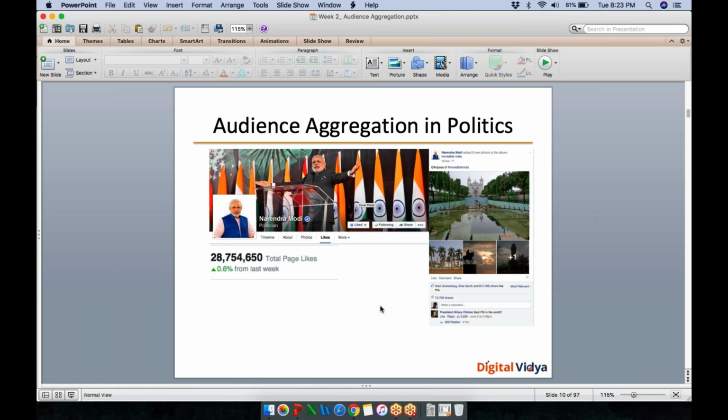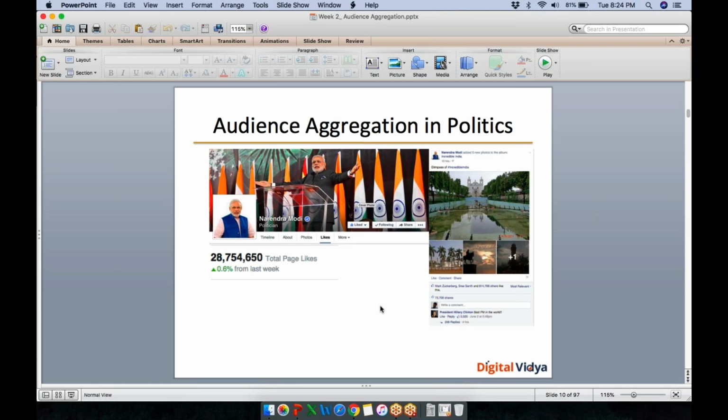every aggregation where an audience is put together through a common purpose, right? In Man Ki Baat, the purpose is all those people who want to listen to what Narendra Modi has to talk about from a country's progress perspective.